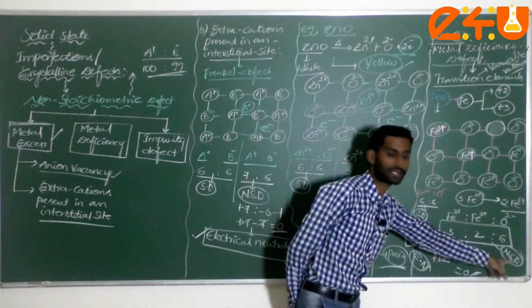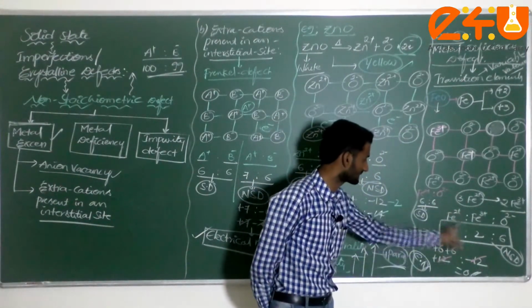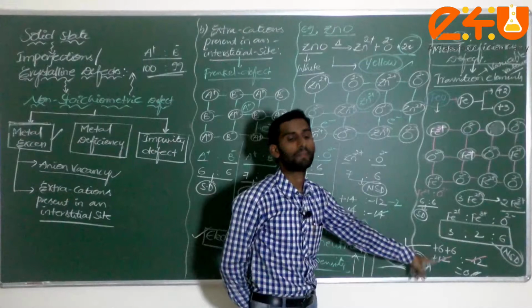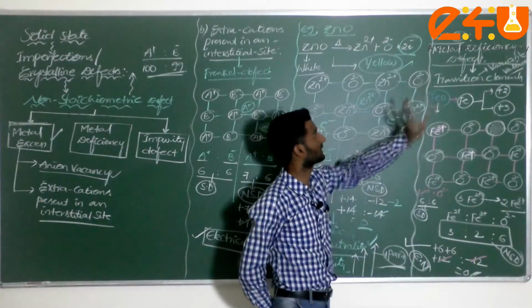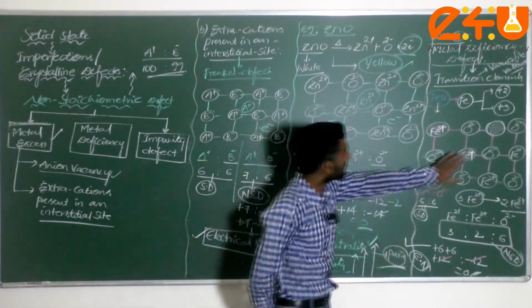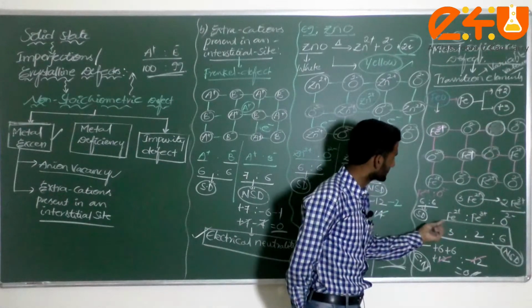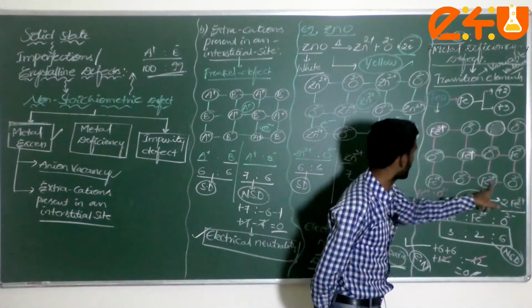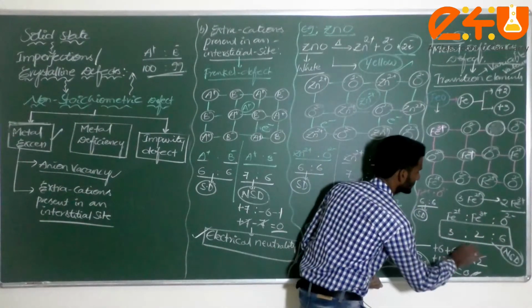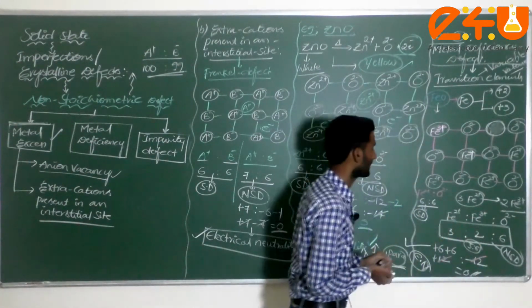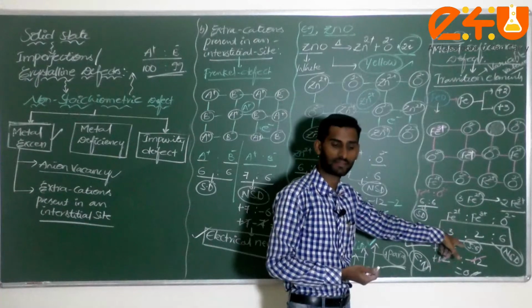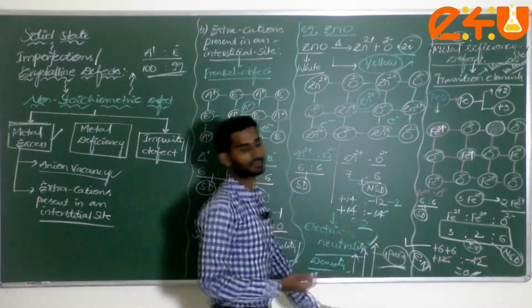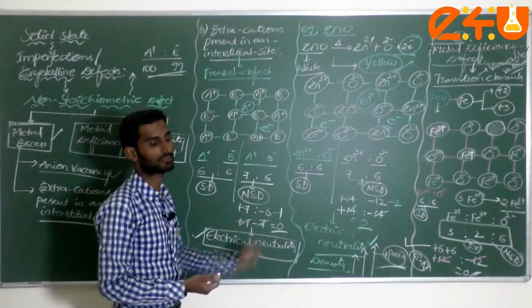It comes under non-stoichiometric defect, but electrical neutrality is maintained. That's why it comes under metal deficiency. One metal is not there here. Check it here: 1, 2, 3, 4, 5. What is the ratio here? 5 is to 6. Am I correct or not? One metal is less, or not? That's why the ratio is non-stoichiometric, a non-stoichiometric defect.